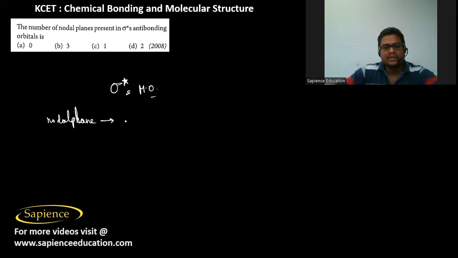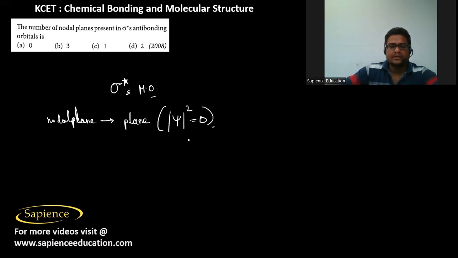It is a plane where the probability density of finding the electron, or mod psi square, will be equal to 0. It means if the probability of finding the electron is 0 in some plane, then that plane will be called the nodal plane.